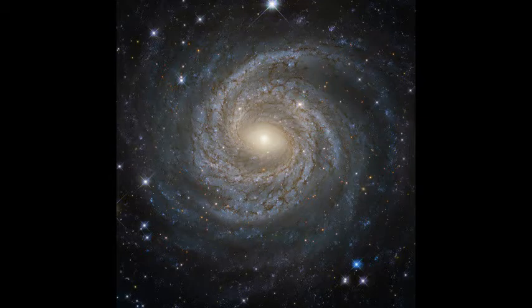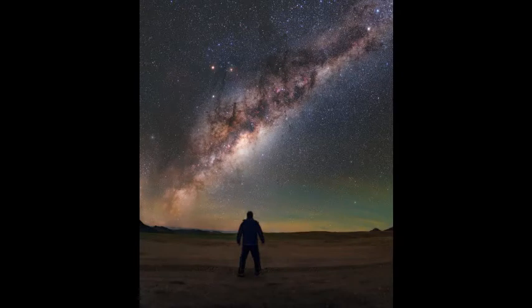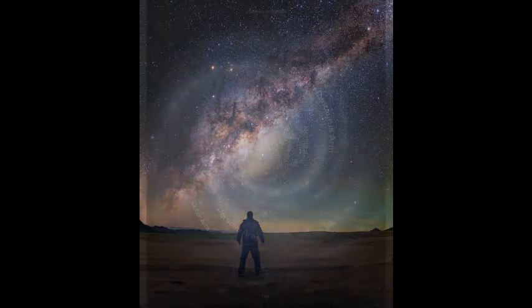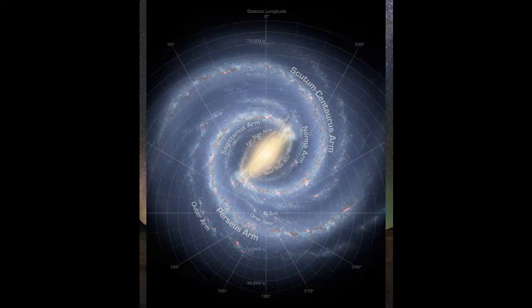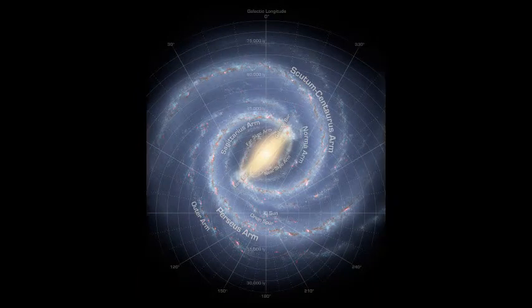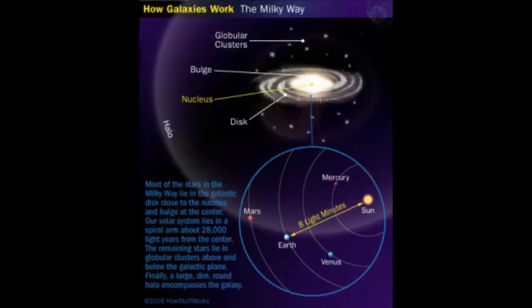When you look up at stars in the night sky, you are actually seeing other stars in our own galaxy. Our solar system is situated in one of the arms of our own galaxy, the Milky Way.